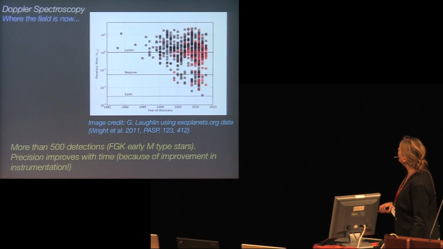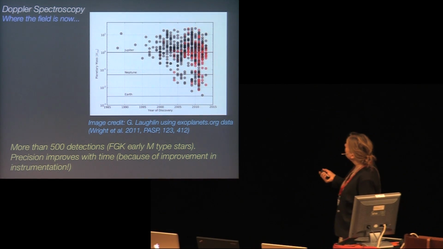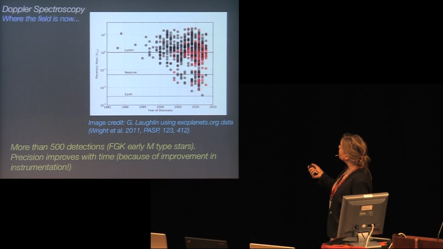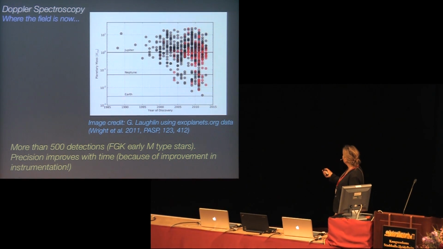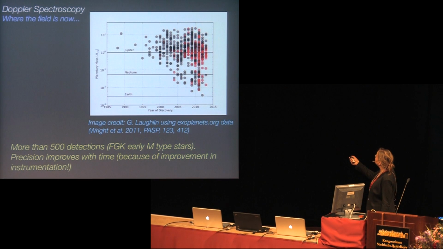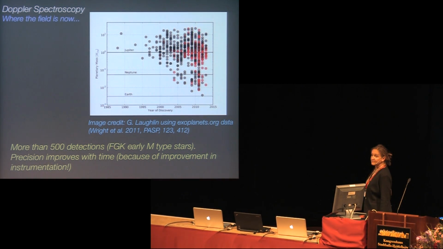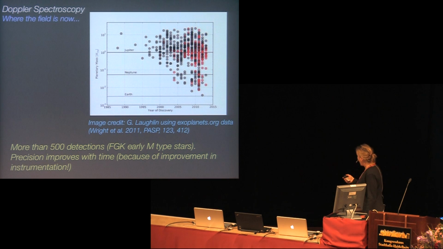Where we are right now, this image put together by my co-author Greg Laughlin shows the planet detections, with planet mass on the y-axis and time in years on the x-axis. In the beginning we detected the big massive planets. That's no surprise because they exert a large reflex velocity, and with time we get down to lower and lower mass planets.